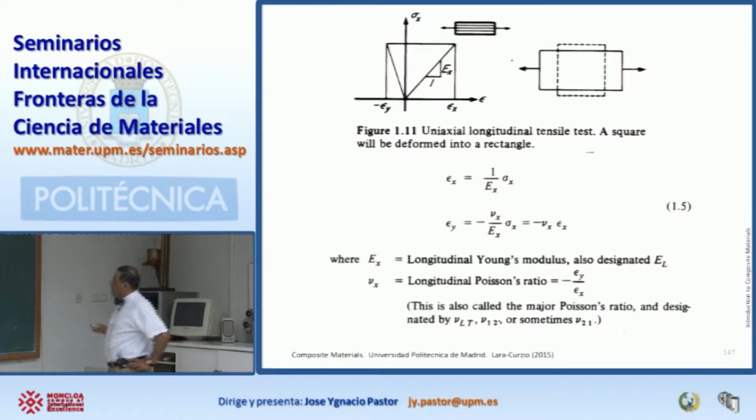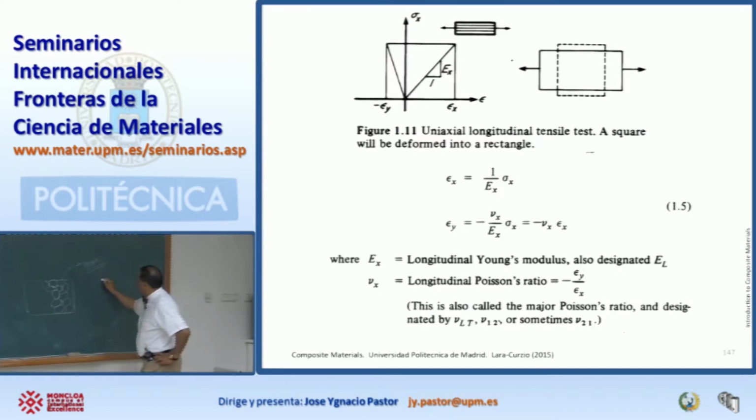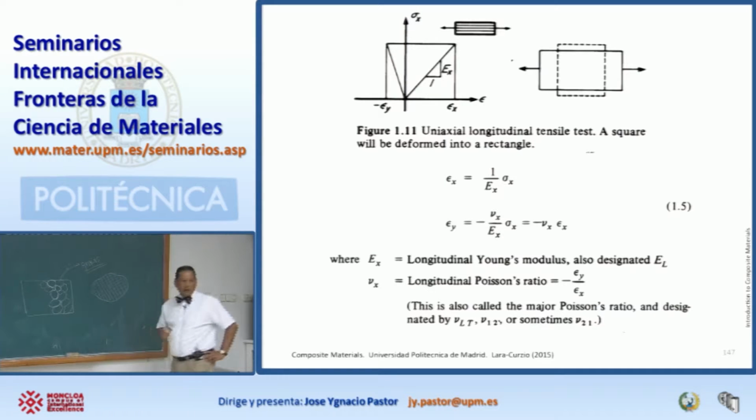So these are grains. If you take a single grain, what you're going to find in a single grain is that the atoms are going to be aligned in a very regular array.